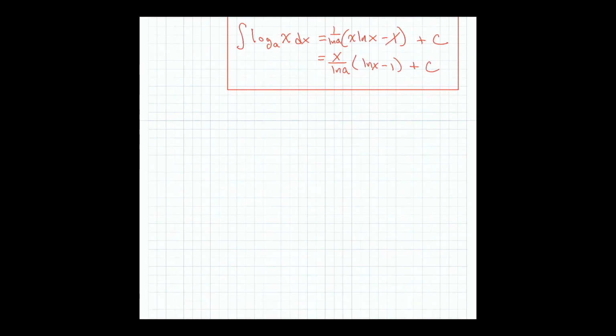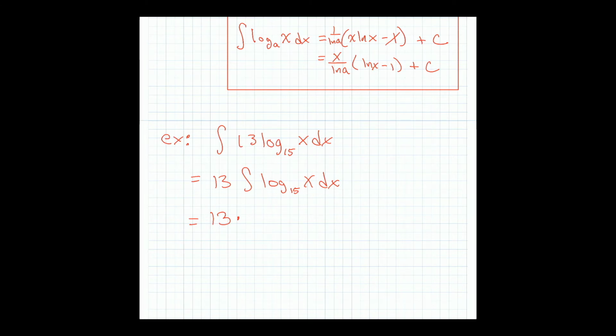Okay, so what's your homework going to look like after you know those formulas? Well, it's going to be pretty easy actually, right? You're going to have, for example, the integral of 13 log base 15 of x dx. Well, all you're going to do is recognize that this is 13 times the integral of log base 15 of x dx, and then you're going to use your formula.